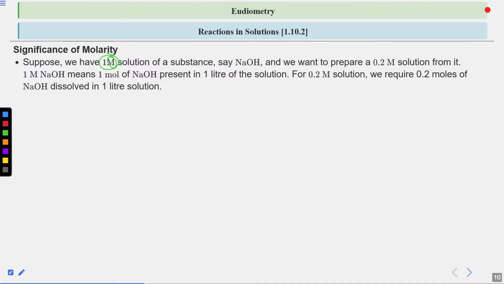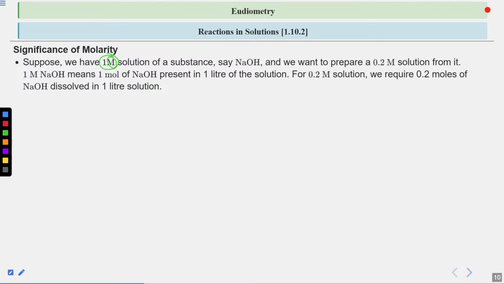Okay. Now, suppose we have a solution whose molarity is 1. So listen very carefully. What is the meaning of this? It means that 1 mole of NaOH is dissolved in 1 liter of the solution. Again, I am repeating it.